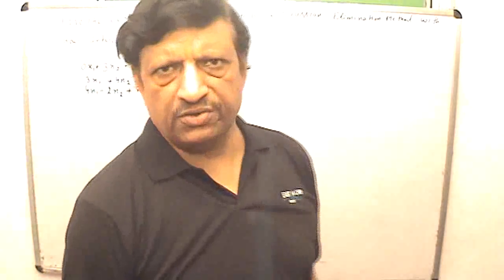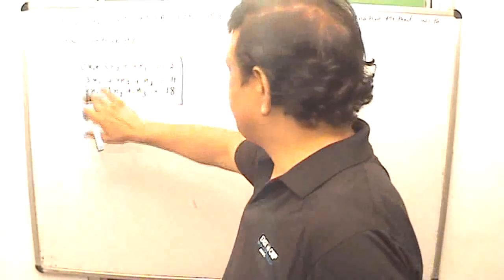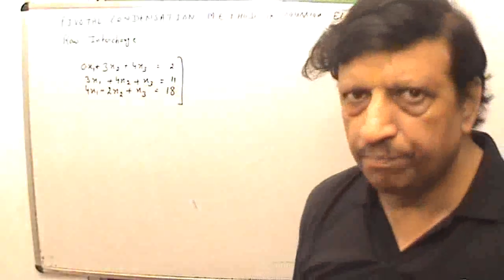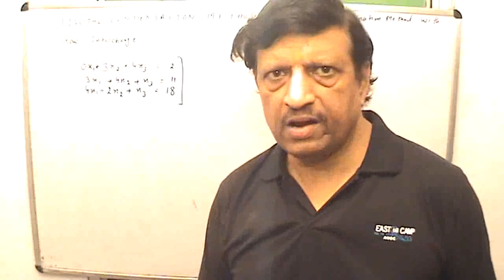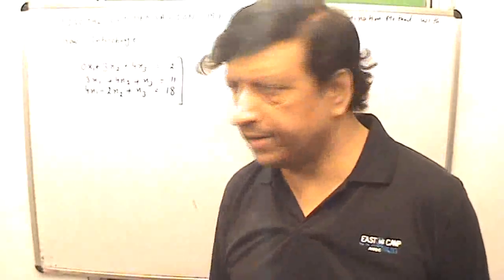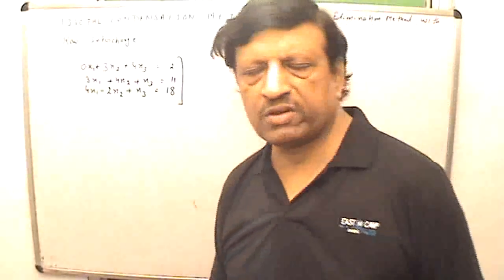We can solve this system even by the simple Gauss elimination method, but here again I say it is the pivotal condensation. What is the difference between this method and the previous methods, and why do we prefer this method over that method? Again, the question is why there are so many methods for the same problem.